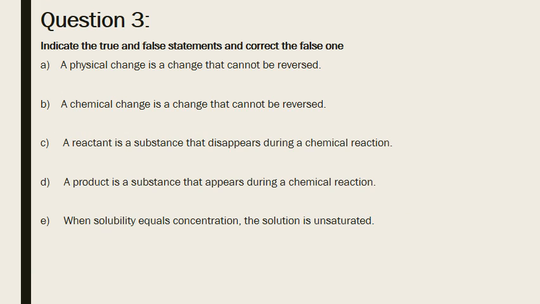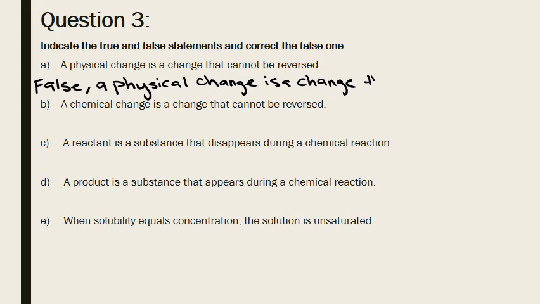Question 3 says indicate the true and false statements and correct the false ones. So A says a physical change is a change that cannot be reversed. So this is false. A physical change is a change that can be reversed.